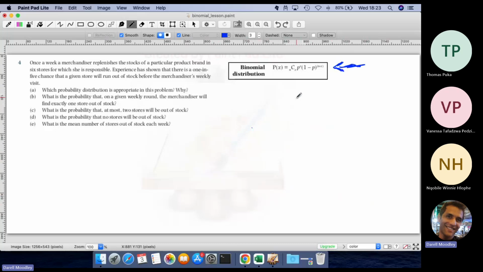But you can only use the equation if the random variable has specific properties that make it a binomial distribution. Those properties are these two that I'm going to list now. If you have a random variable that can only take two possible outcomes. So x can be, for example, a yes or a no. It can be a buy or a sell.